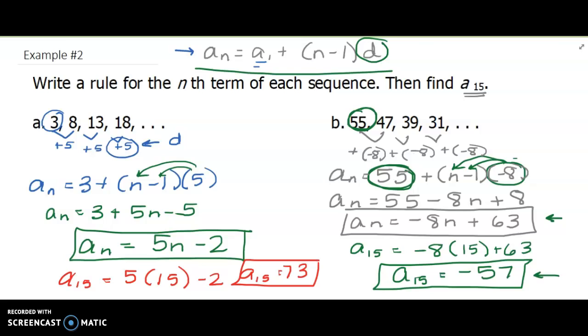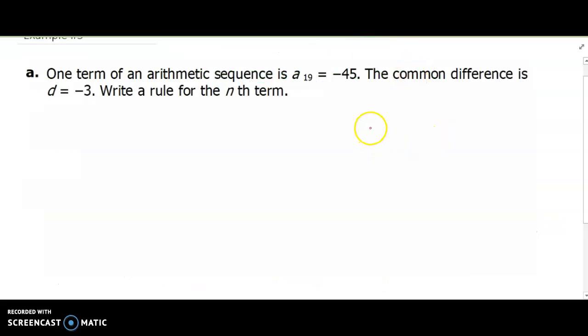All right, let's look at example 3 now. It says one term of an arithmetic sequence. So it's telling you it's arithmetic, and if it's arithmetic, I should know I'm going to use a sub n equals a sub 1 plus n minus 1 times d. It says a sub 19 equals negative 45.